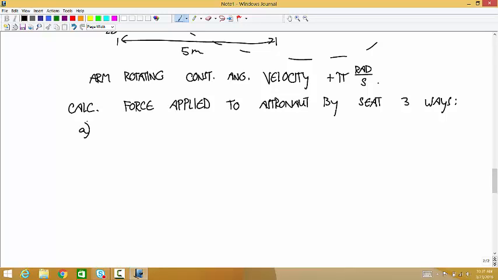The first one is for a coordinate system located at A, but fixed. So it's non-rotating.